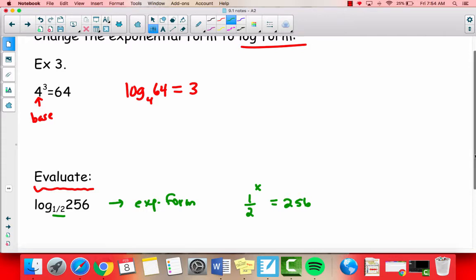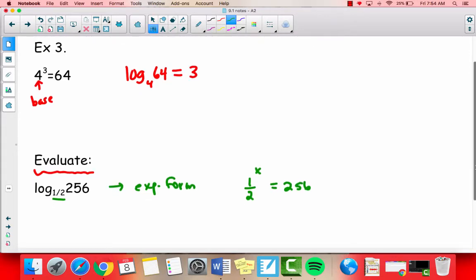So this one's a little trickier because we've got a base that's a fraction. So there's a couple things you have to pay attention to. You started with a fraction, but you end up wanting a whole number. So the only way to switch from a fraction to a whole number is to have a negative exponent. So that's going to be important. Your answer is going to have a negative in it. And then you have to think about what power 2 has to be taken to get 256.